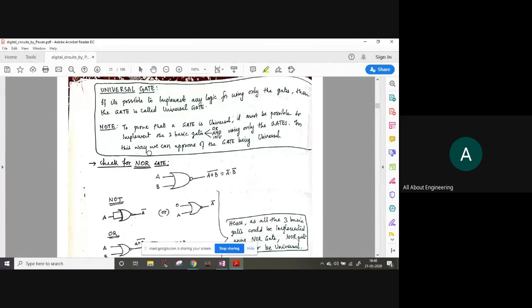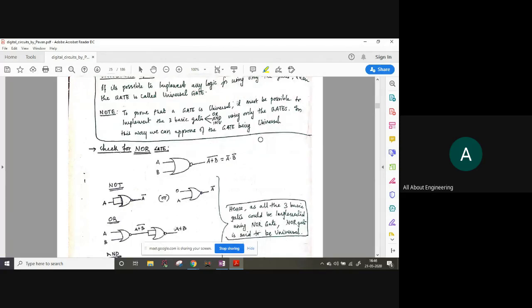So we can design AND, OR and inversion, which I already told you are the three basic gates, right? With these three gates you can design any circuit. Now if you can design these three basic gates using a single gate, that is either NAND or NOR, you can design these three using a particular gate, that is NAND gate or NOR gate. Hence those two gates are called as universal gates. So now let's see how we can design those things.